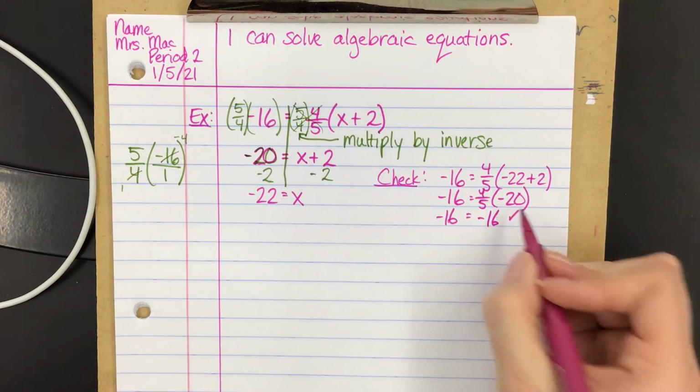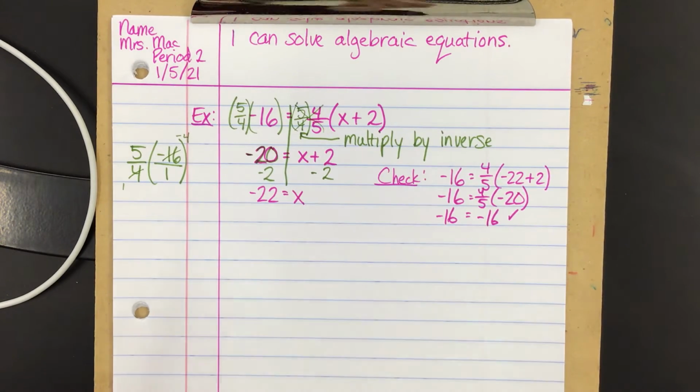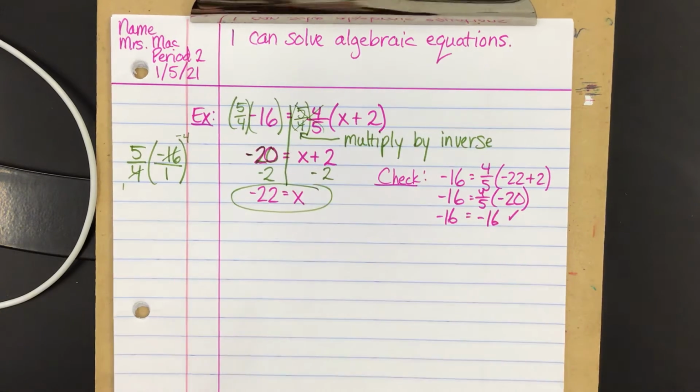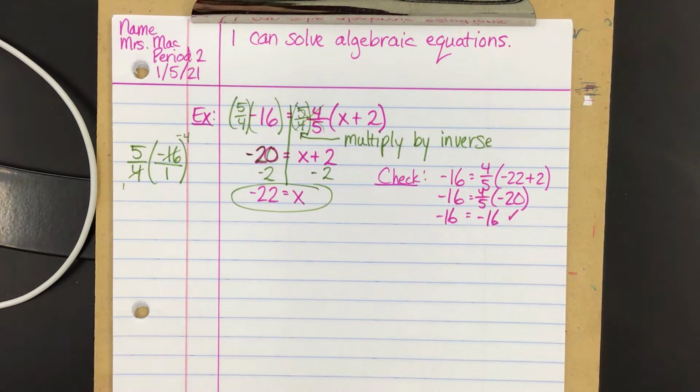So I know that I'm good to go. That is the solution. So instead of doing the messy division, all we did is we multiplied by the multiplicative inverse. Okay, so we just multiplied by the inverse of that fraction.